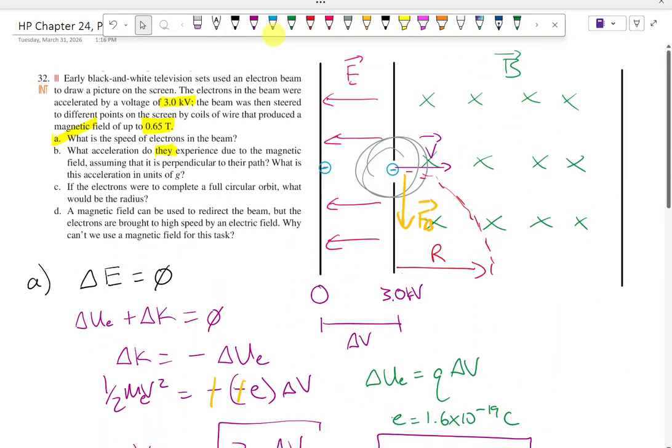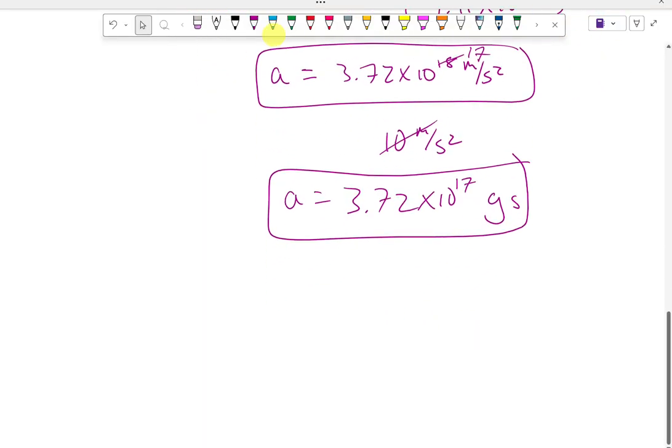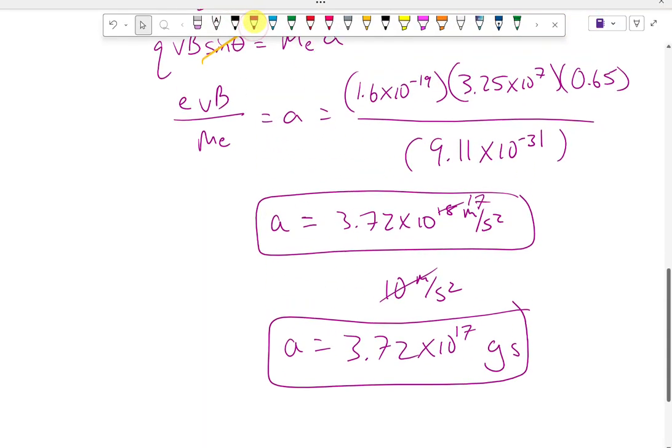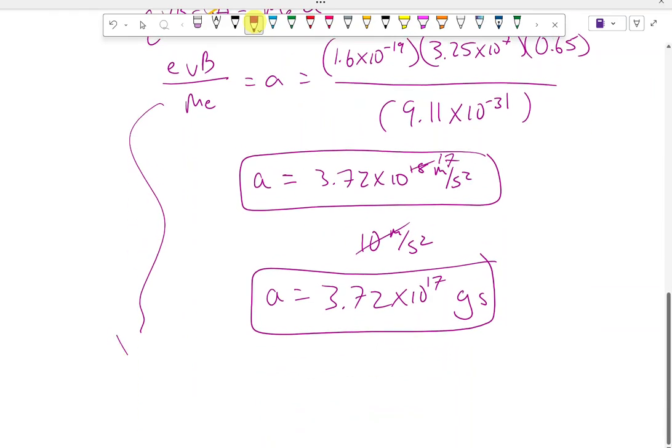Okay, let's go on to C. If the electrons were to do a complete circular orbit, what would be the radius? So now they're asking us for the radius. To do that, I'm going to expand on what we have here. We've got the elementary charge times the speed times the magnetic field divided by the mass of an electron.